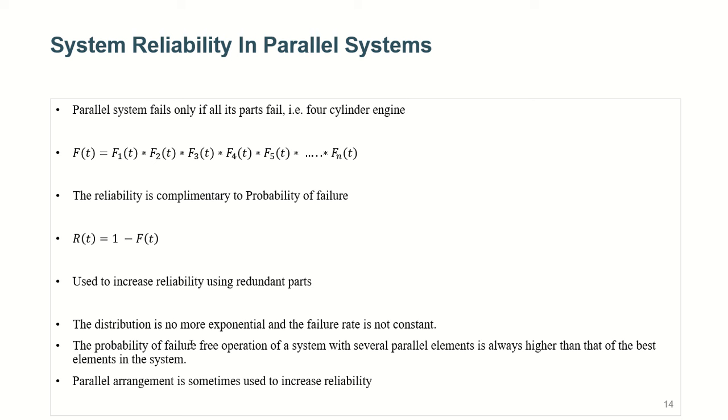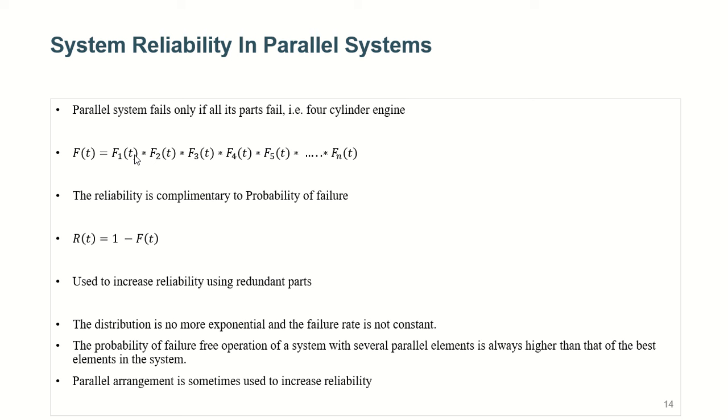Okay, so if you want to increase your reliability, we always use parallel systems. Also, one more thing here, the mean time to failure of a parallel system is always longer than that of its best parts.